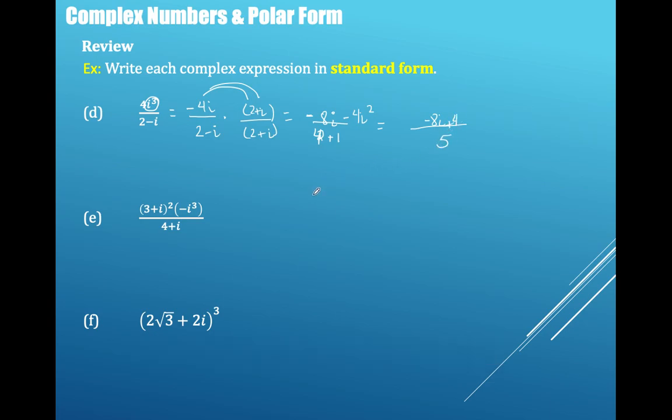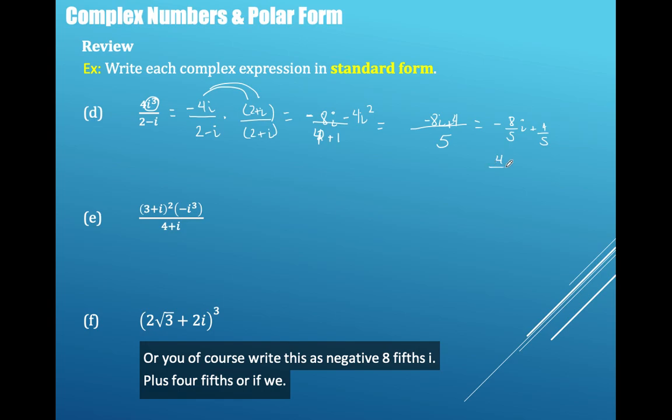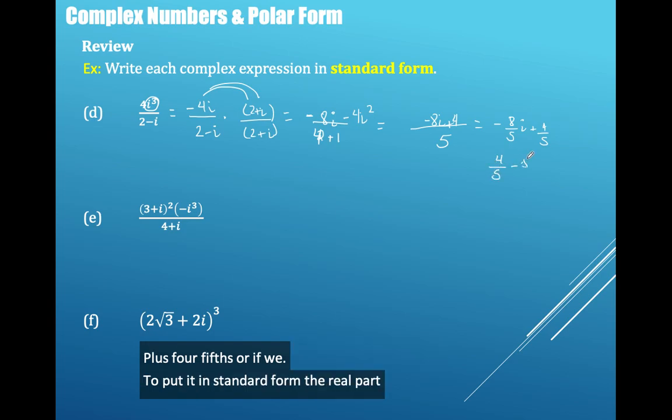There you go. Or you, of course, write this as -8/5 i plus 4/5, or if we're going to put it in standard form, the real part goes first.